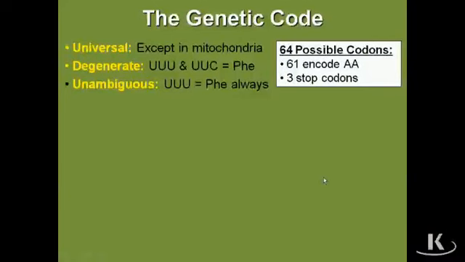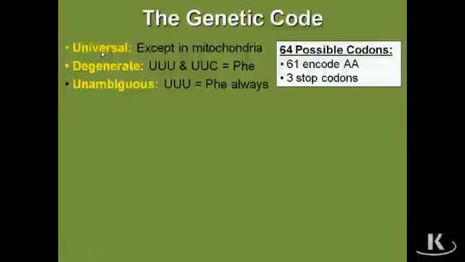So some of the properties of the genetic code that you're going to need to be familiar with for the exam are the following. Number one, this code is universal. Now, what does that mean? That means in all organisms that you're going to see, if it's viruses, bacteria, parasites, eukaryotic cells, the genetic code is going to apply to all those cell types.